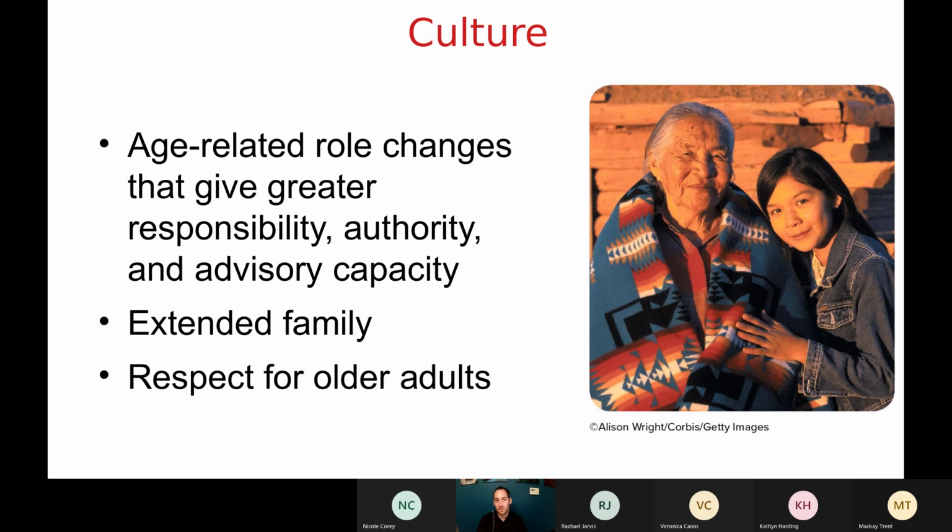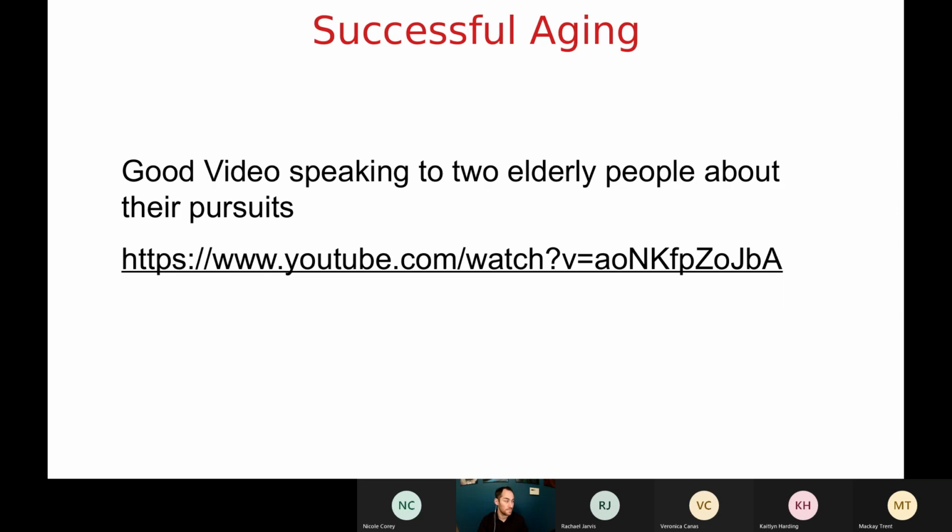If they don't feel useful, if they're not able to actually engage and support other people, they will probably not live as long. They're going to have decreased mental health, decreased physical health, decreased cognitive health. So that's why we can look at other cultures and maybe make some changes to have less ageism and see late adults as being as responsible as they can and doing things that they can do.